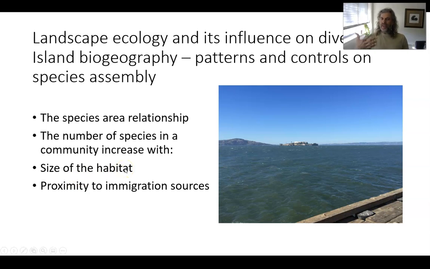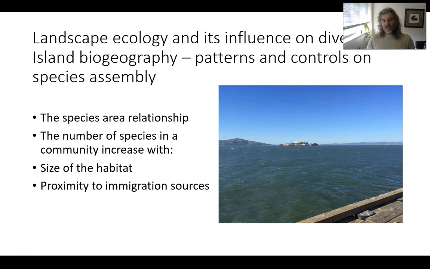Landscape ecology is the study of broad-scale processes, how systems are maintained at the large scale, what influences diversity, how it's maintained. And one of our best theories, best tools for understanding this is called the island theory of biogeography. This is a theory that makes predictions about patterns of biodiversity across land masses.